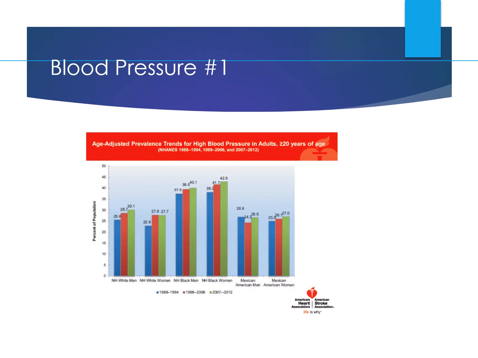For blood pressure, there are certain recommendations. Here are the American Heart Association and the American Stroke Association recommendations. These are age-adjusted prevalence trends for high blood pressure, and it is increasing.